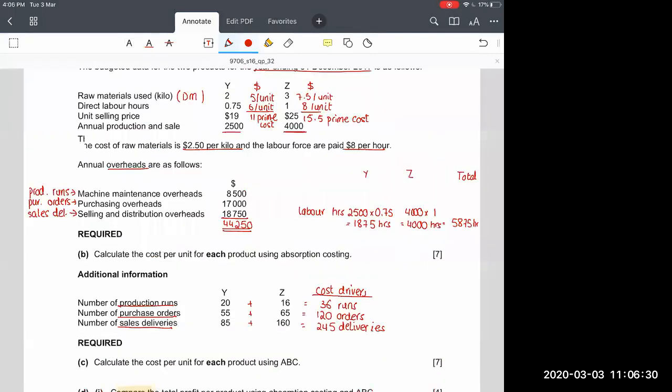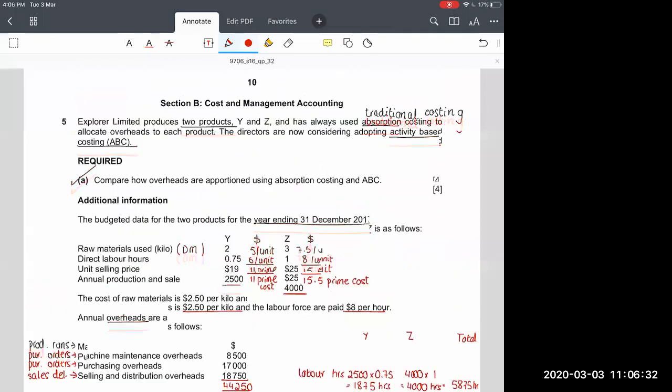Now, this was a simple approach, simple question, and you will find most of the questions like this.